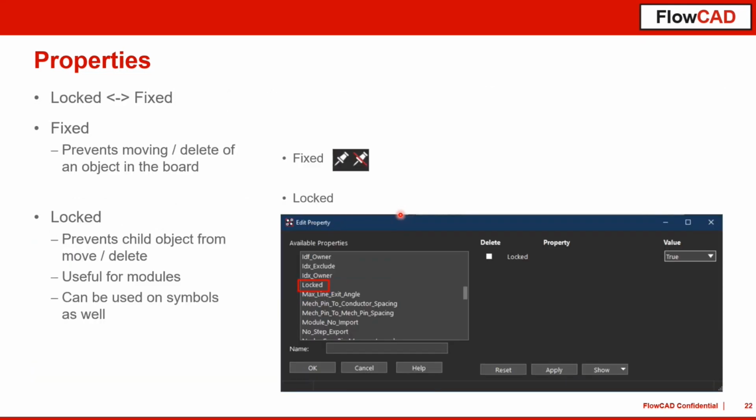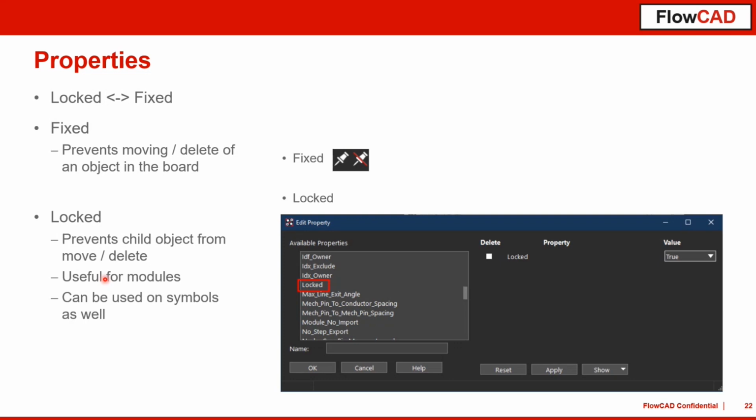Even more properties, locked and fixed. The fixed property, with these nails here, prevents something inside of the board from being moved or deleted. In addition to this, we have the lock property. If the lock property is, for example, set on a symbol, the symbol can still be moved inside of the board, but the child elements of the symbol, for example, the place bound or something like this, cannot be deleted or moved anymore.